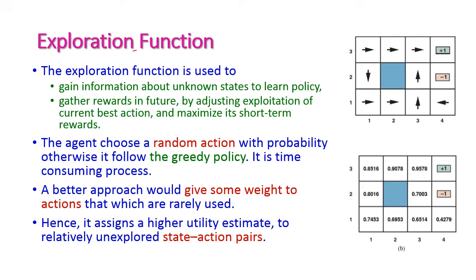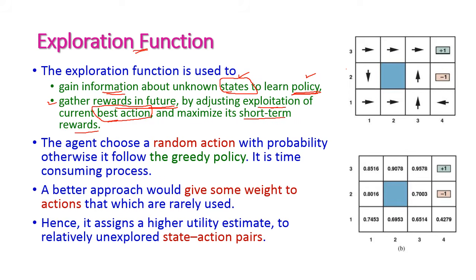Exploration function. The active reinforcement agent uses this exploration function to gain information about unknown states. What is the purpose of gaining information about unknown states? To learn the policy, because there is no given policy for active reinforcement learning, isn't it? So the agent itself tries to learn the policy by gaining information about unknown states, and also gathers rewards in future by balancing exploration with the current best action and maximizing its short term rewards.